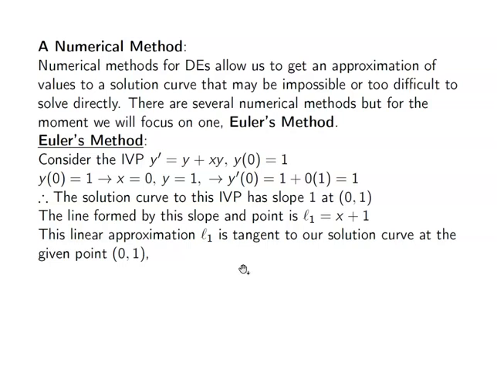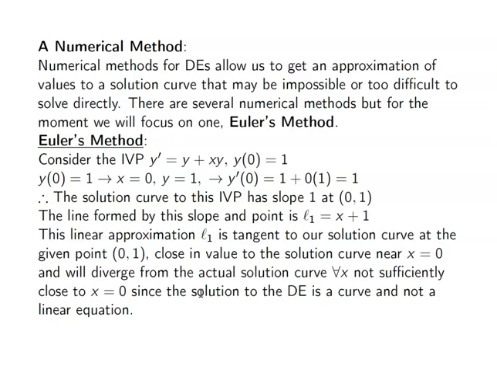If you remember linear approximations from calculus 1, it means that that tangent line, as long as I'm close in value to the point where it touches, gives a pretty good approximation for the values of my curve. It gives very good values, but the further out I go, the more it diverges away from my solution curve.